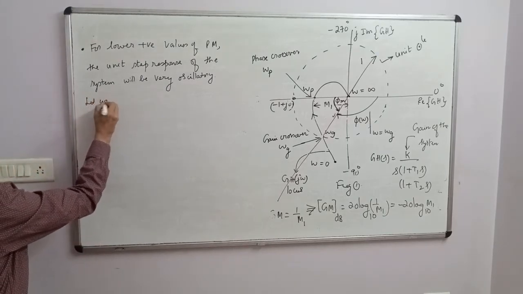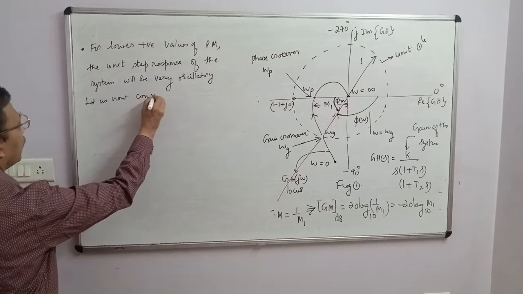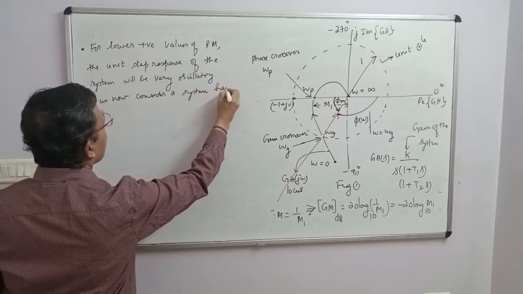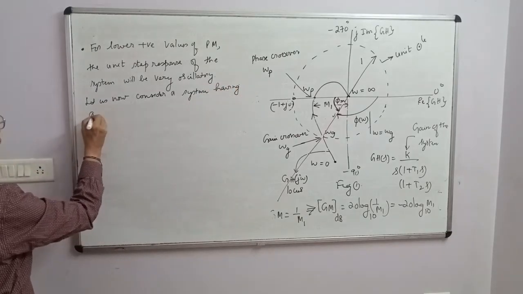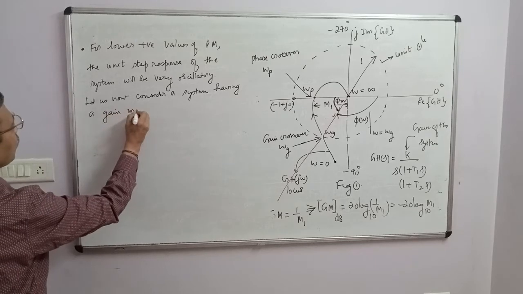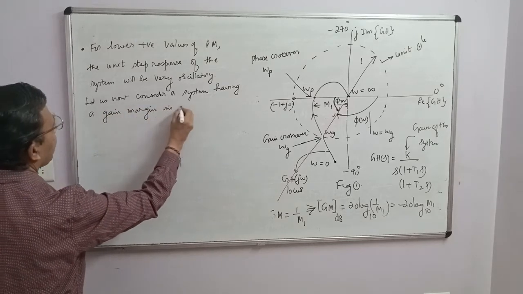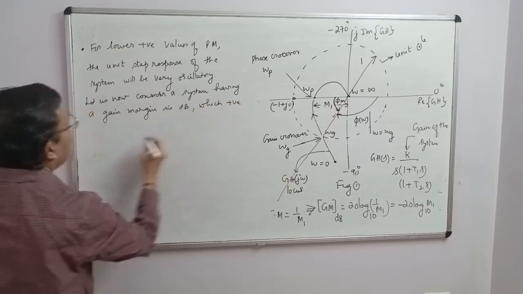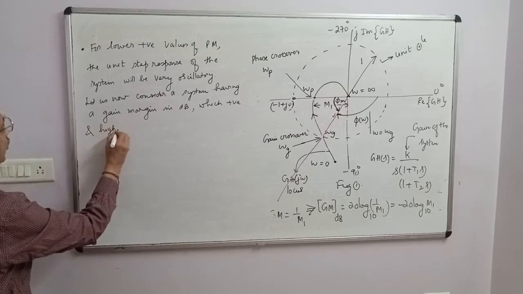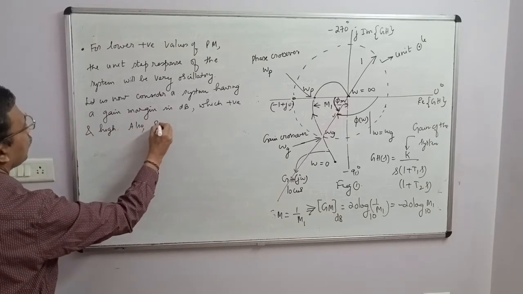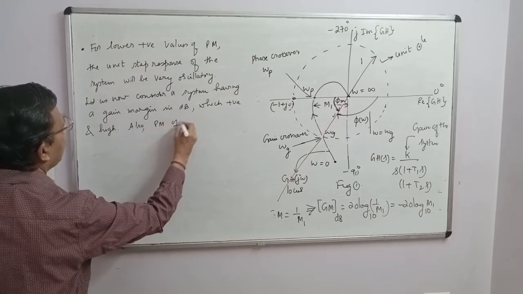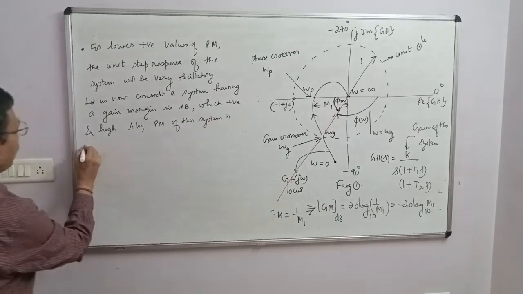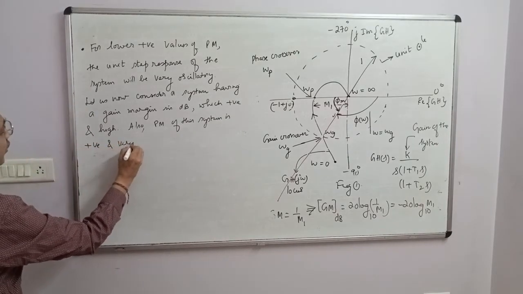Let us now consider a system having a gain margin in dB which is positive and high. Also, the phase margin of the system is positive and very high.